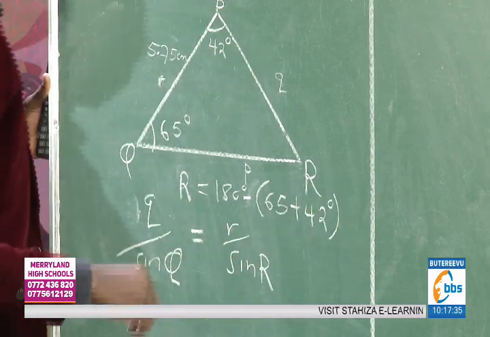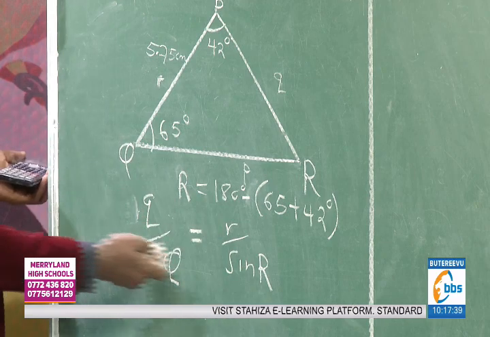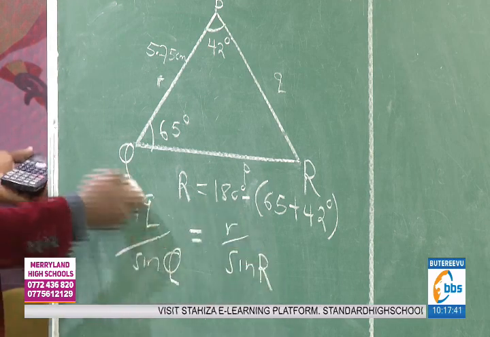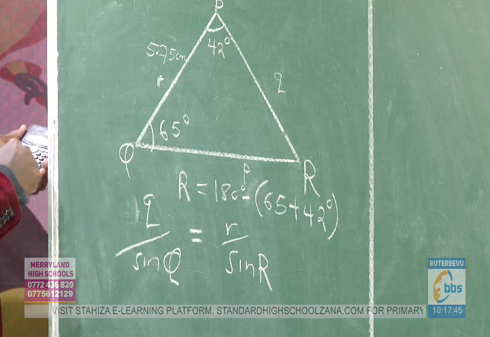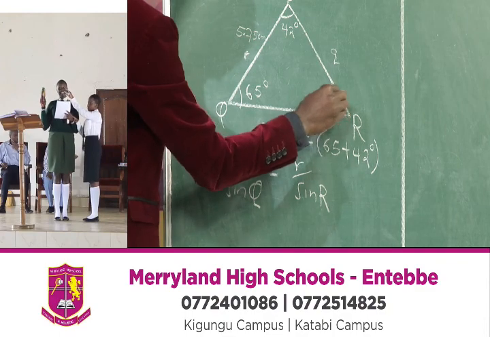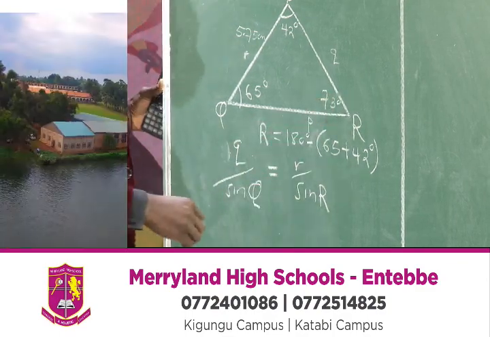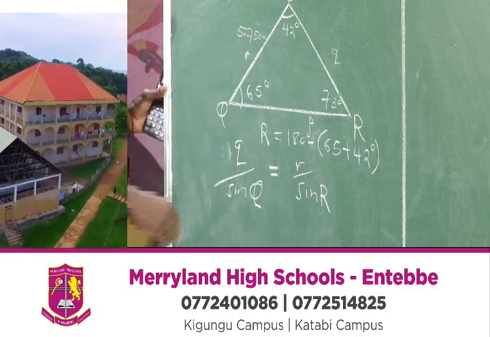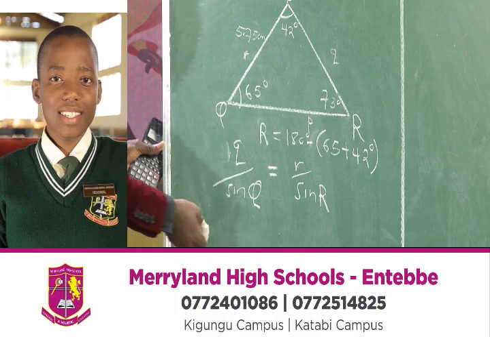You can't do it without this, when you have two unknowns, the angle and q. So you must add the two, and after you subtract the sum from 180, this will give me 73. Now it means that angle R will be 73 degrees. So we are using that all angles in a triangle add up to 180 degrees. After getting that, everything becomes easy.